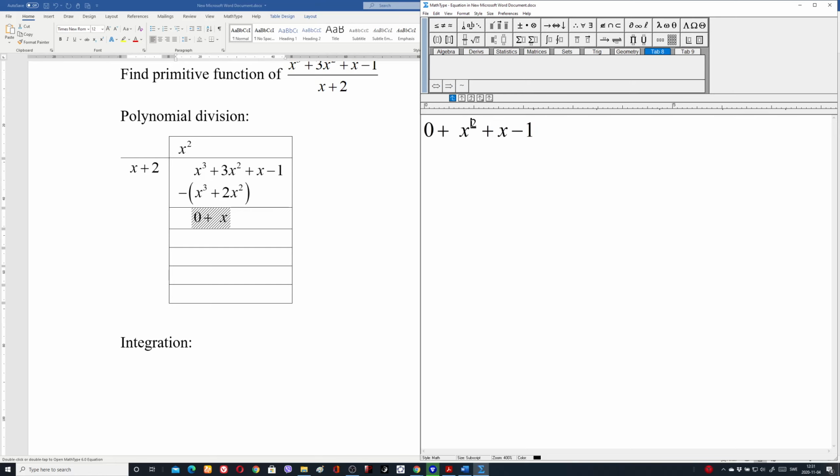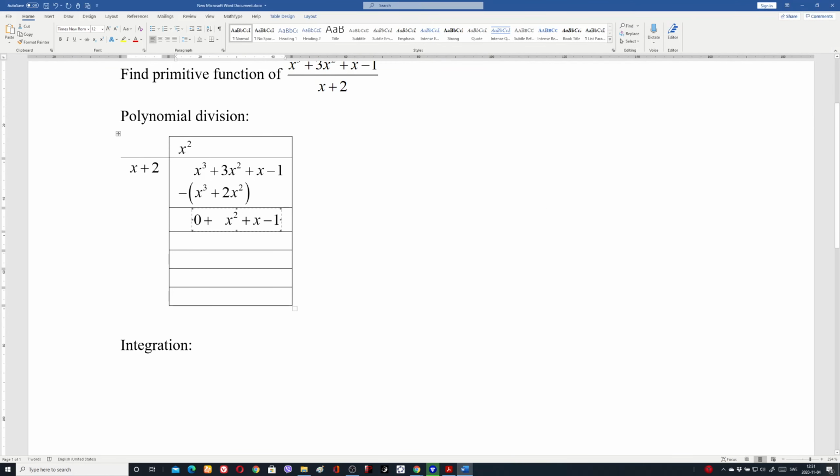Let me see if it looks good. It looks good now.